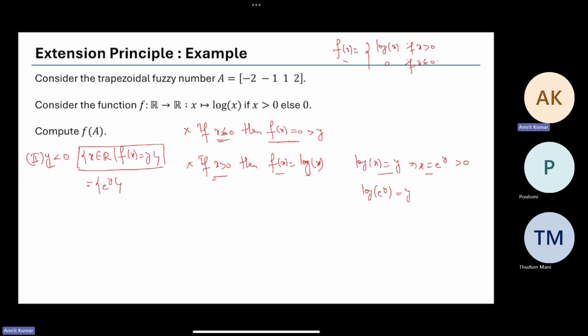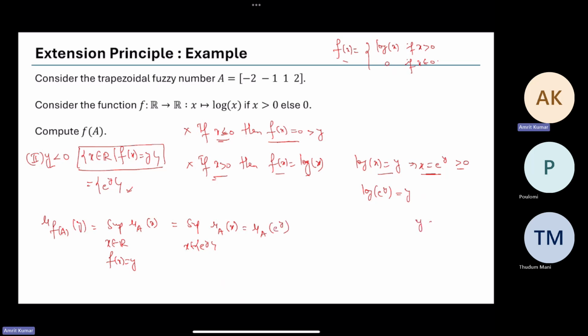And e to the power y is indeed positive. So this whole set is nothing but e to the power y. And therefore, the membership of y in f of A, which is this particular supremum, becomes the supremum, which is nothing but this.